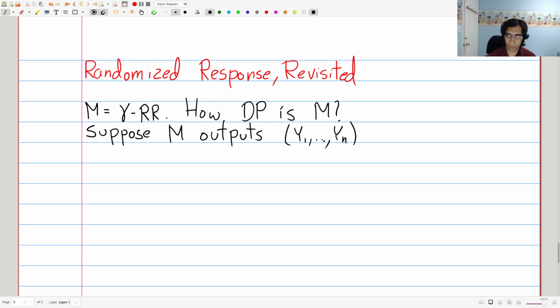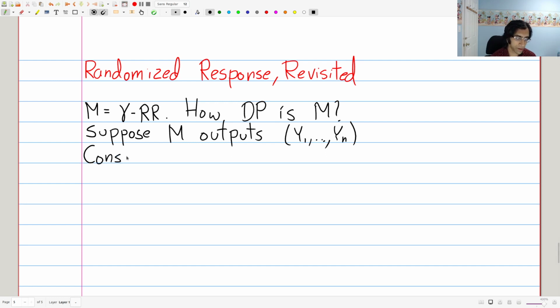We'll revisit what post-processing is in the next class. But for now, let's just say we want to output y1 through yn and ask how differentially private that is exactly.